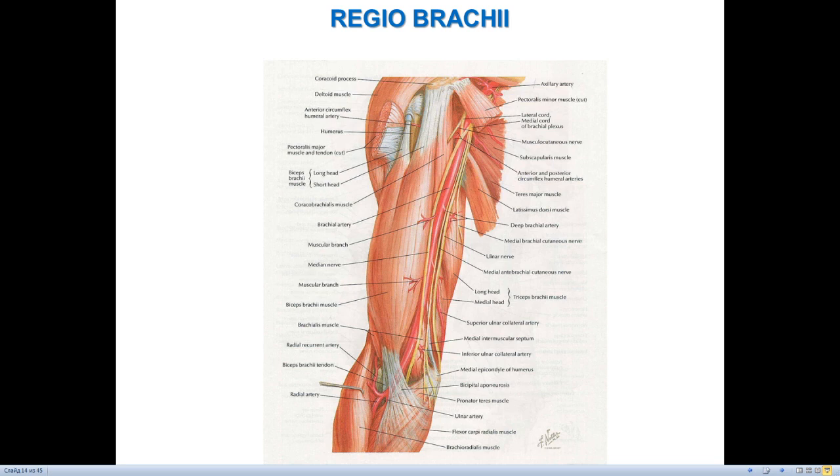Cubital region. Cubital region is bounded 3-4 centimeters superior to the line which connects both condyles of the humerus bone.